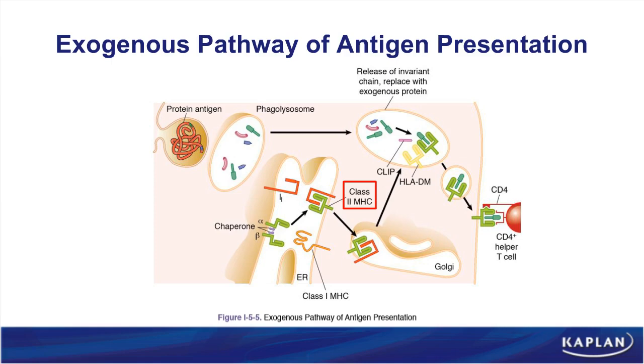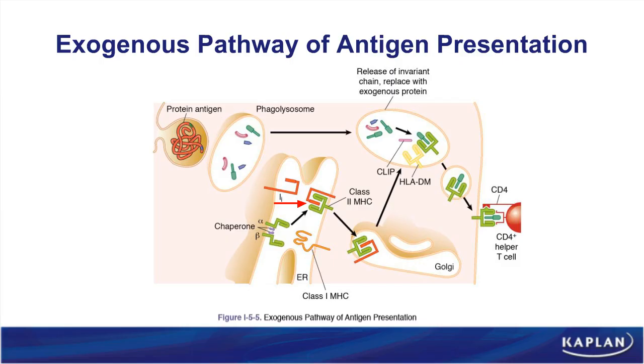Now, take a look at the left side of this figure where you can see the antigen being taken up by this APC and processed into smaller peptides. Okay? What has to happen now is we need to get those peptides somehow loaded up on a class 2 molecule, which is still sort of located and situated within the endoplasmic reticulum. What I want you to notice, though, as you look at that class 2 MHC molecule in the ER, you can see that its peptide binding cleft is actually locked up or bound with a peptide known as the invariant chain.